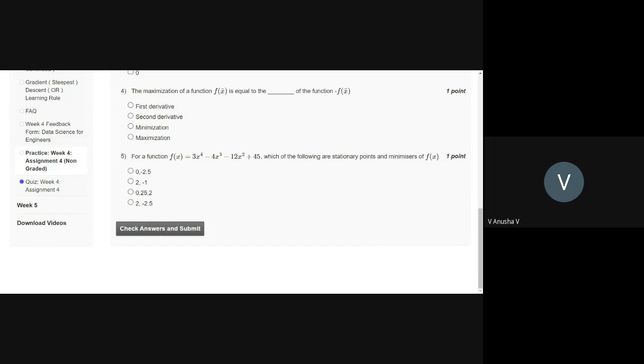You have to calculate the second derivative, and whenever you substitute the stationary points, for the values where you get the second derivative greater than 0, you can conclude that these are your stationary points and minimizers. Okay, please solve that and tell me the answer, guys. I need the answers now. Yes, Vinod, very good. So please solve this problem and let me know.